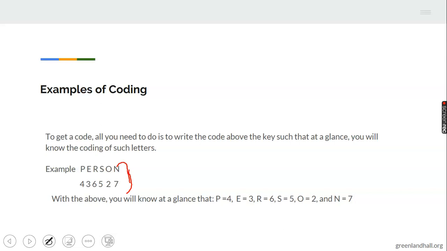Now, with the above, you will know at a glance that P is what? 4. And then your E is what? 3. And then your R is what? 6. Your S is 5. Your O is 2. And your N is 7. So by me looking at it, you know what each of those letters actually stands for.